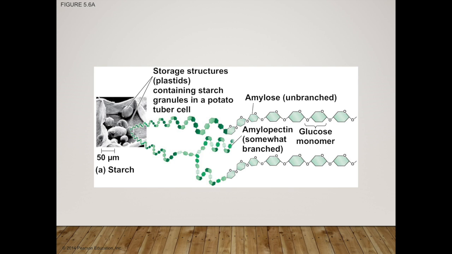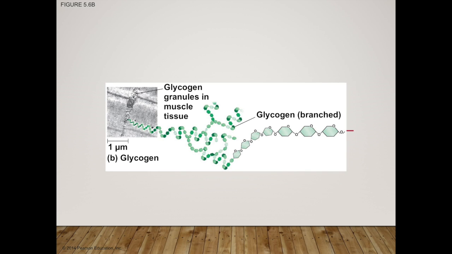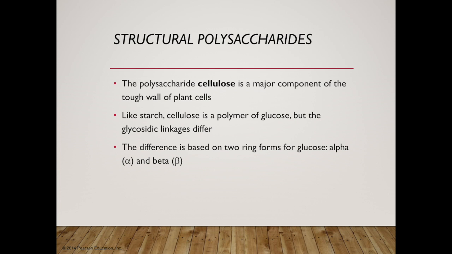So there's starch again. Glycogen, as I said, is that storage polysaccharide that animals use, that we cycle through very quickly on the daily. It looks kind of like that. Again, it's helical. And then in addition to storage polysaccharides that keep that glucose tucked away until it's ready to be used, once cellulose is formed, it's more or less permanent.